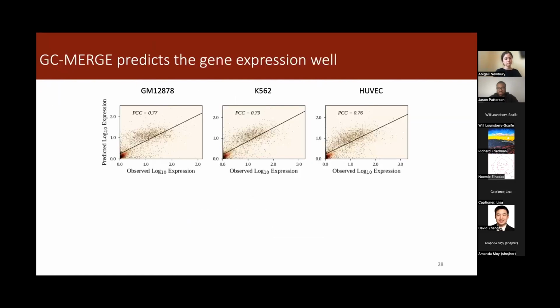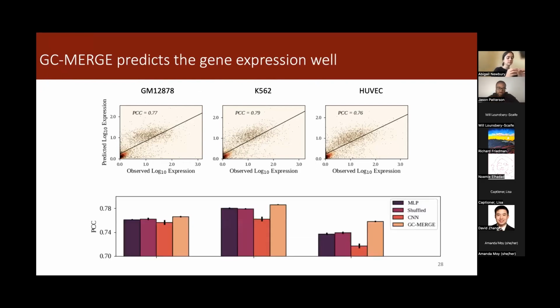So first thing first, do we make accurate predictions? We show that the model makes good predictions. The predicted gene expression values are correlated with the true gene expression values. We also compared our method to some existing neural network-based baselines, and we overall saw that the method gave better performance. But this is not where we wanted to start.